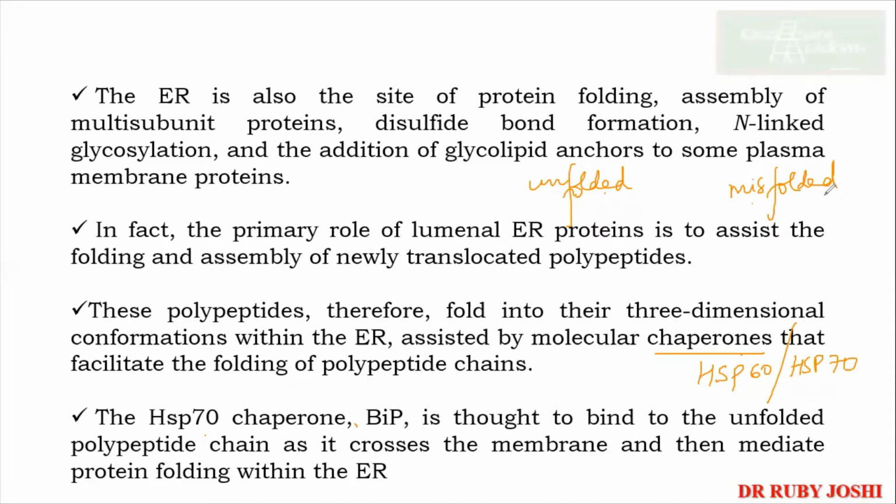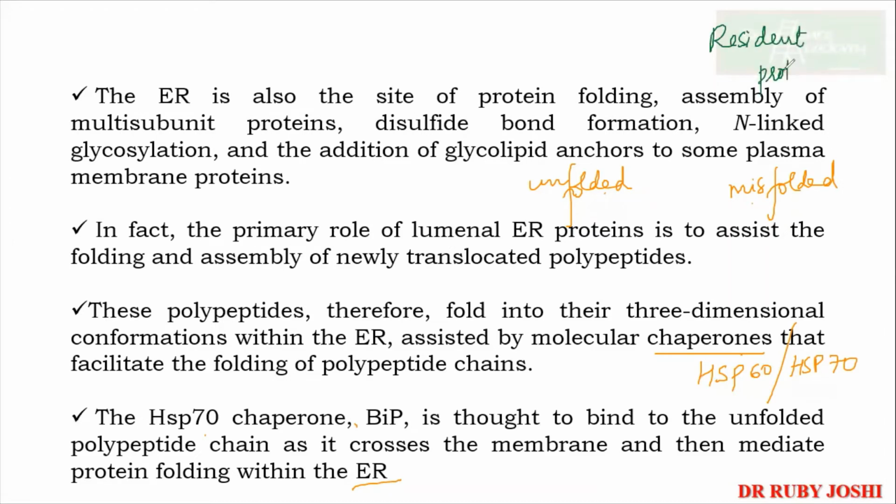Okay? So one protein, what we have discussed now is the BiP, which helps as it crosses the membrane and then mediates the protein folding within the ER. अब इसका क्या मतलब हुआ? That the BiP proteins or the HSP 70, they are also known as the resident proteins.